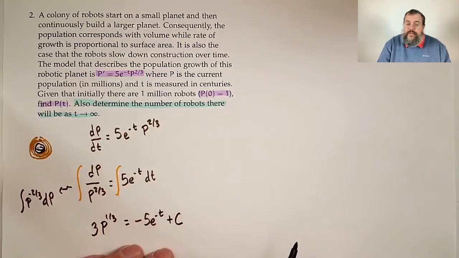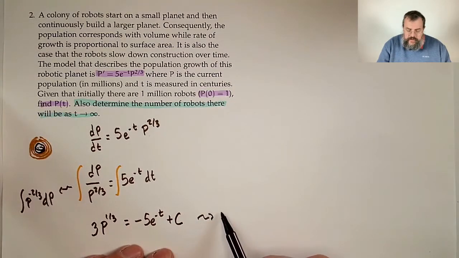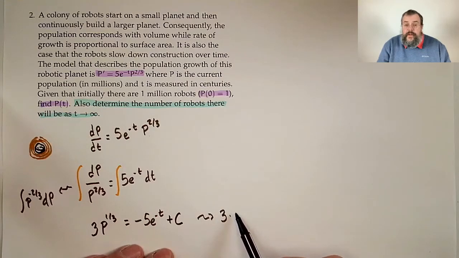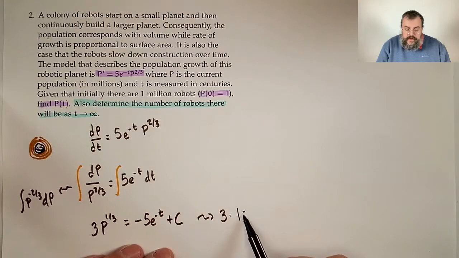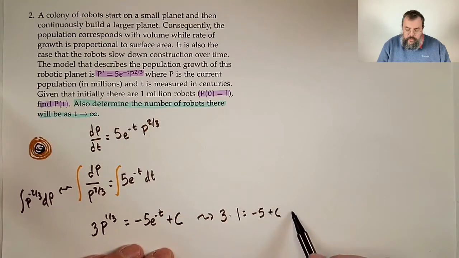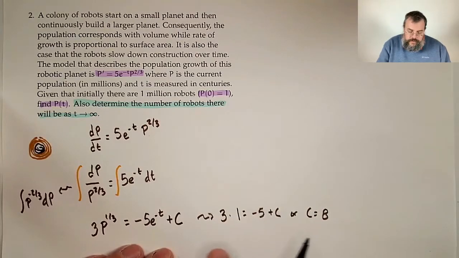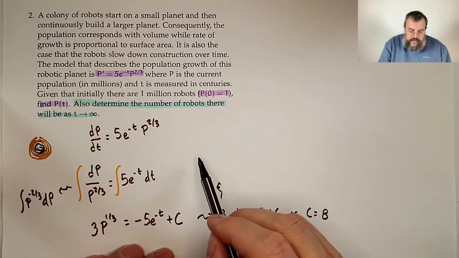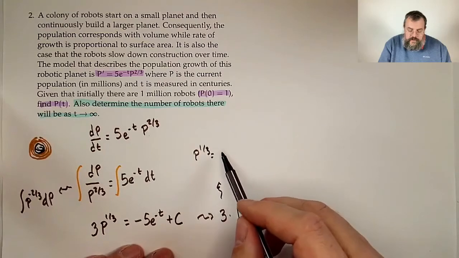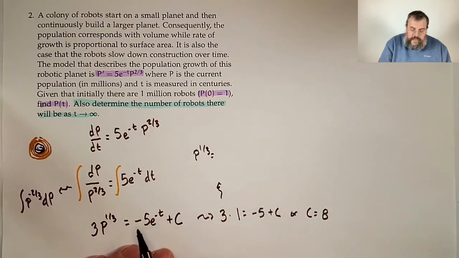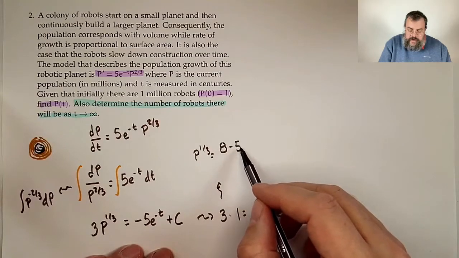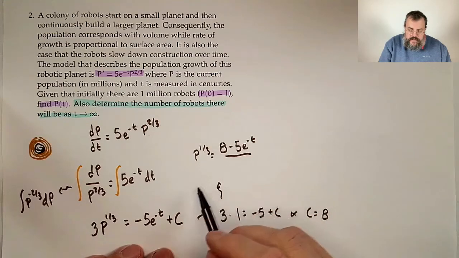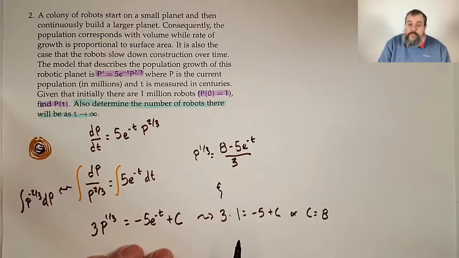Now we pull out P of 0 equals 1. Okay, so we get 3 times 1 to the 1/3. 1 to any power is 1, is equal to negative 5 e to the 0, 1, plus C, or we say C is 8. And so now we know C, so we say, okay, well, moving up, that says P to the 1/3 is equal to 8 minus 5 e to the minus t, all over 3, because we have to divide both sides by 3.